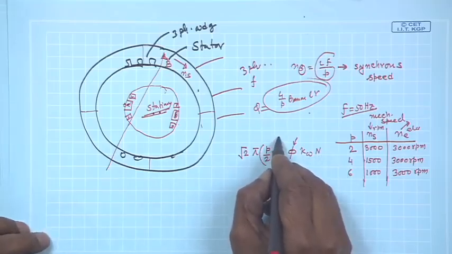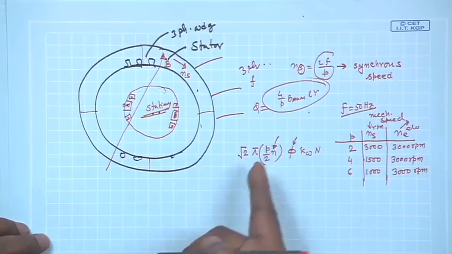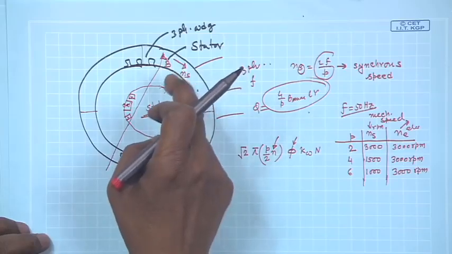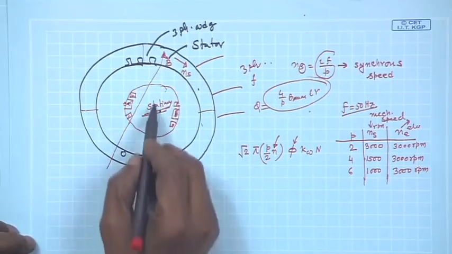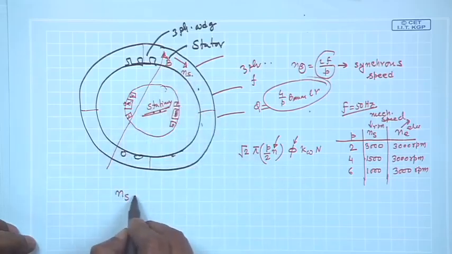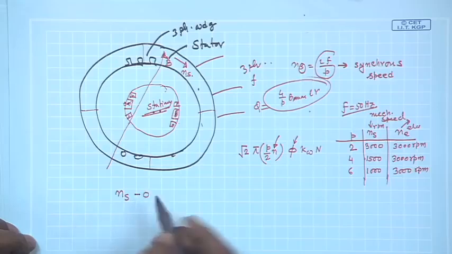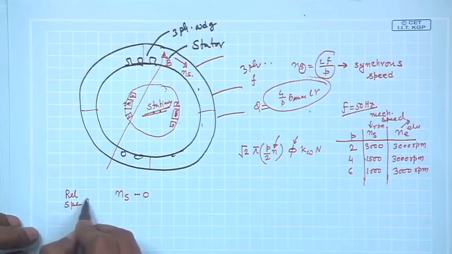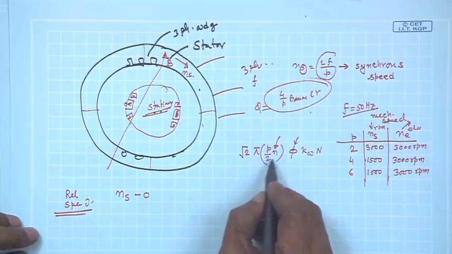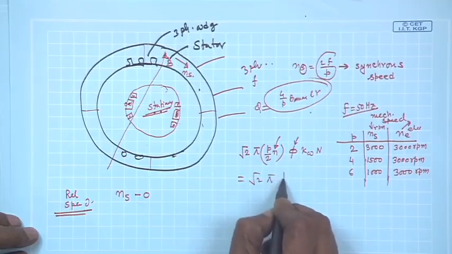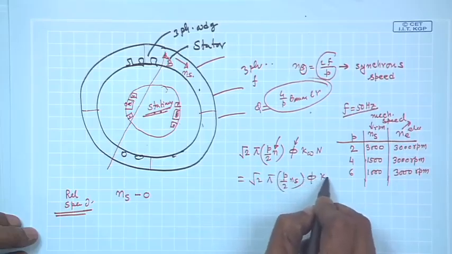Now, what is this n? This n is the relative speed, mechanical relative speed between this and this. If this is stationary, this is n_s, mechanical speed, therefore, relative speed is n_s minus 0. But in this expression, I must convert it to electrical. So, it will be root 2 pi p by 2 n_s phi k_w N. What is N?